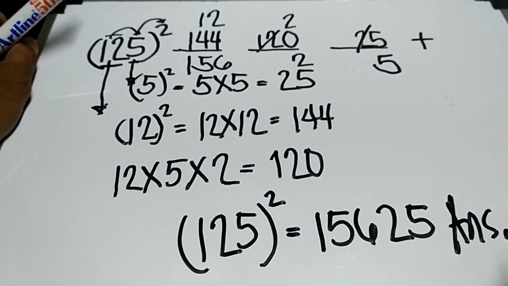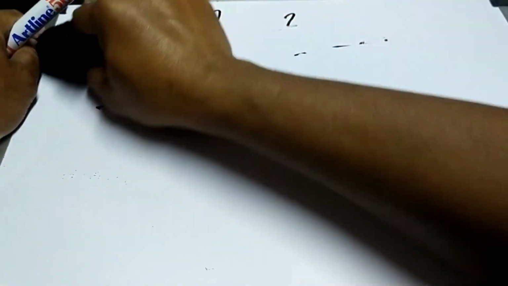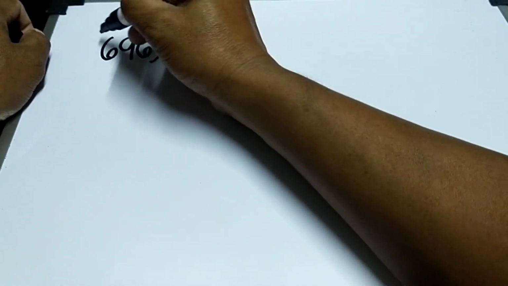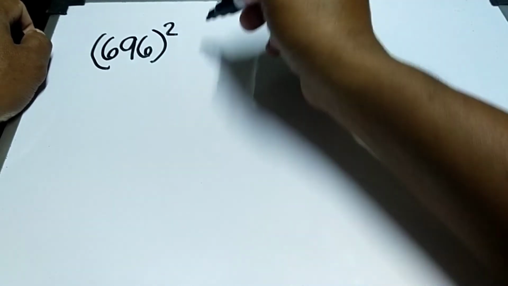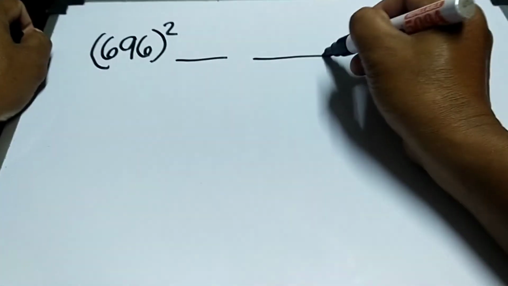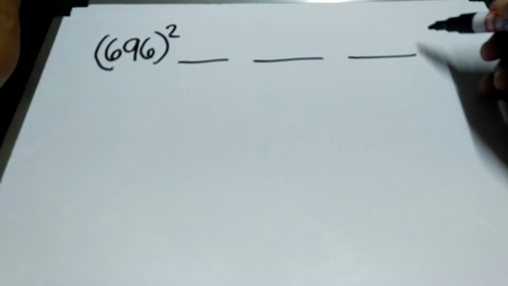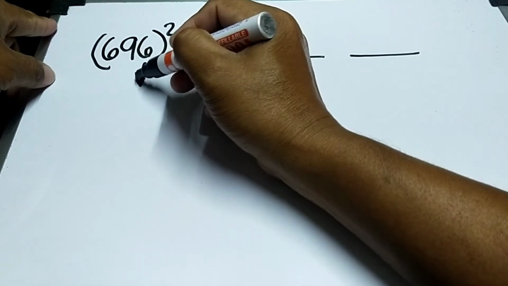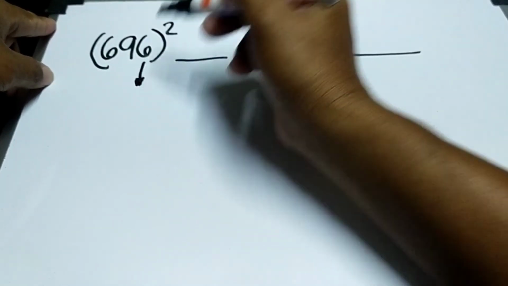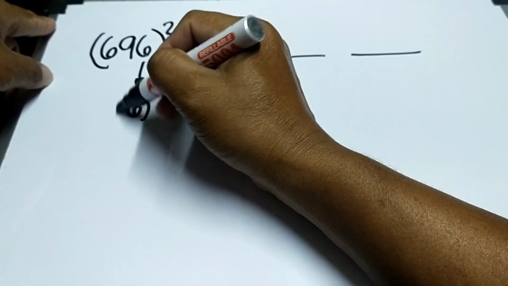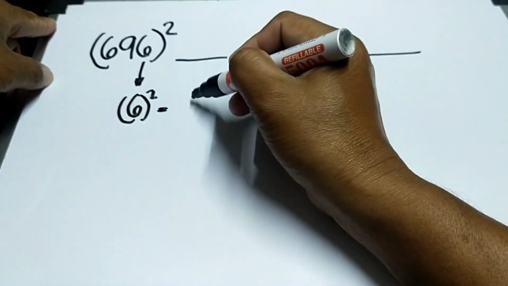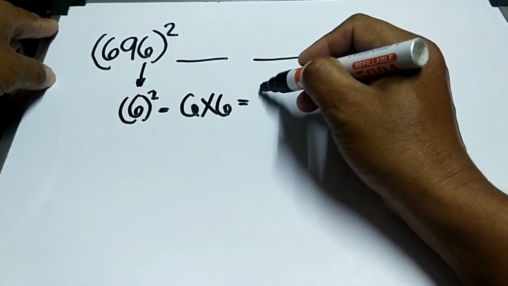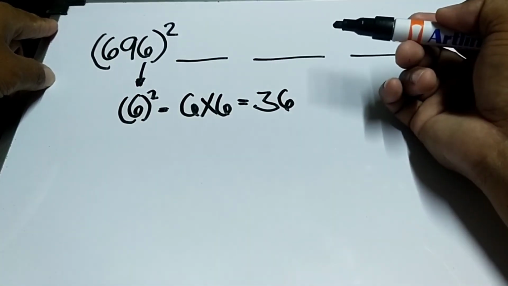So, another example, guys. Okay. 696 squared. Okay. So, square first this one's place value. So, therefore, this is 6 squared, which is equals to 6 times 6, which is equal to 36. Am I right?